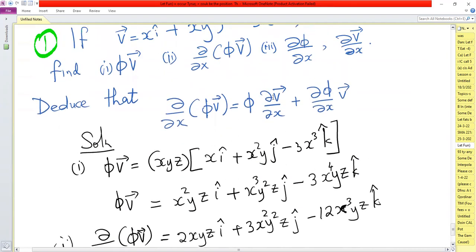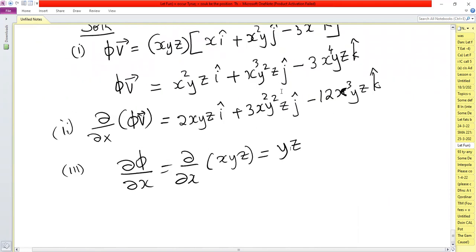And then number 4, partial v partial x. Partial v partial x is the same as partial x.